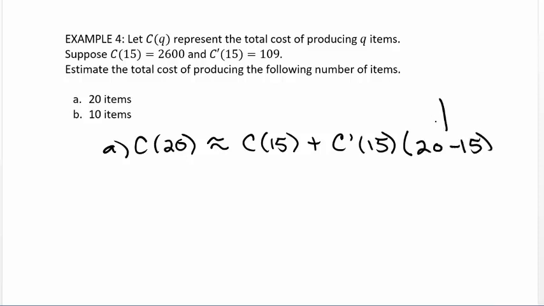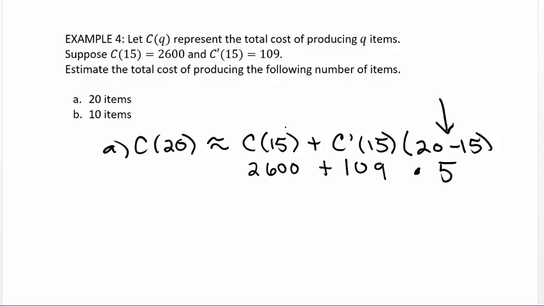So this is how far away we are trying to approximate, 5 units, right? We're going from 15 to 20, so that's 5 units in the future. So we're going to multiply that 5 by the rate at which we are changing, and we're going to add that to our starting point.